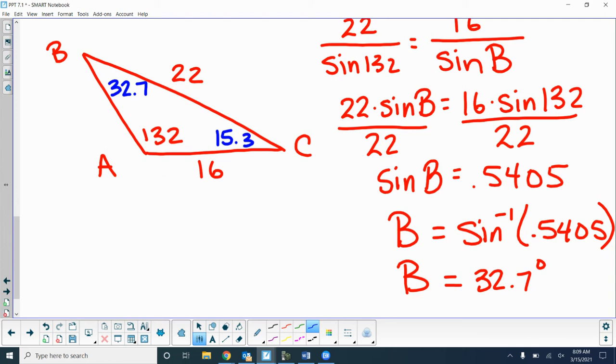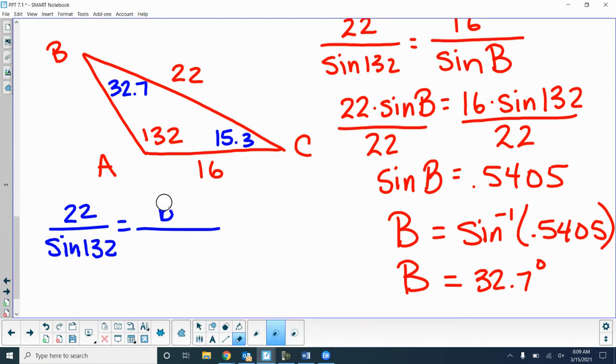So I'm going to do my original 22 over the sine of 132. And then I'm looking for side B, I'm sorry, I said that wrong. What side am I looking for? What side's opposite that? C, right? I messed that up. C over the sine of angle C, which was 15.3 degrees. Okay?